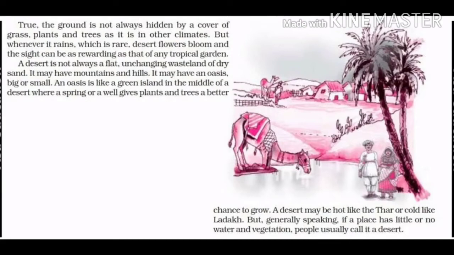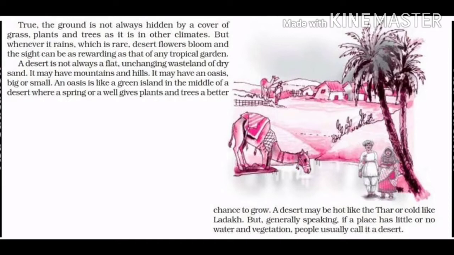Children, it is indeed true that the ground in a desert is not always hidden by a cover of grass. You can't see grass on the ground, and you can't see plants and trees everywhere because the climate is very dry and hot there. It is true.